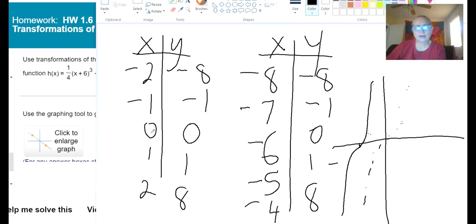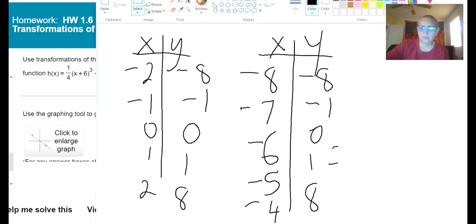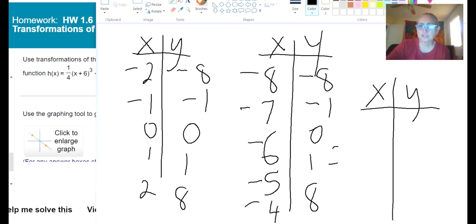Now the tougher part. I've got to make each of the y's 1/4 as tall, because it says 1/4 of these things. So all I've done so far is the 6 to the left. Now I'm going to do the 1/4. I'm not changing x's this time. I'm changing y's. So x's are going to stay. They've all been shifted 6 to the left. And now I'm going to multiply all of the y's by 1/4.